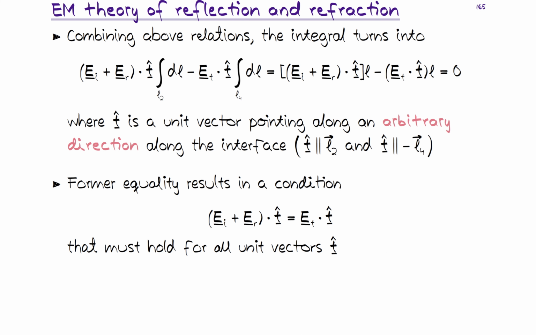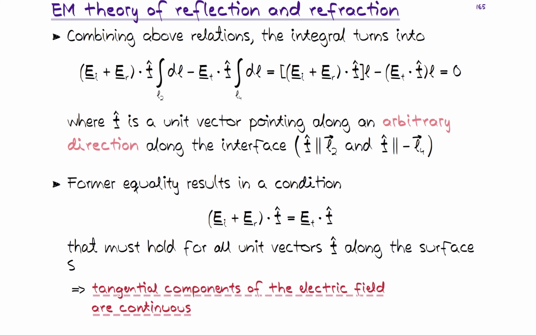And this must hold for all unit vectors t we can imagine that are pointing along the surface S somewhere. Please note, t is really a vector pointing along the plane of interface. What this implies is that all the tangential components of the electric field are in fact continuous.